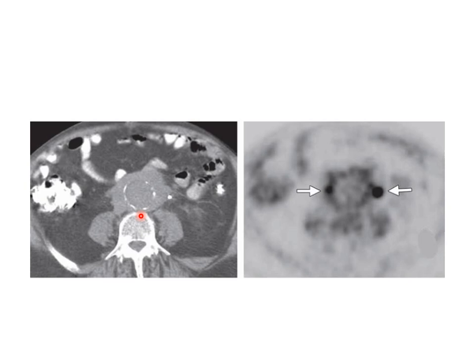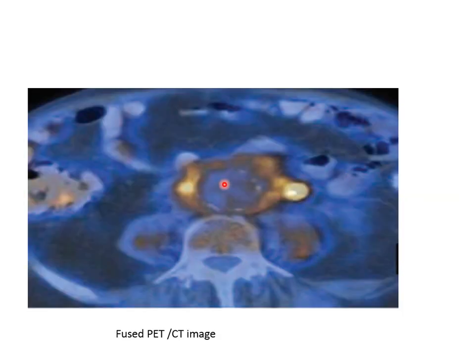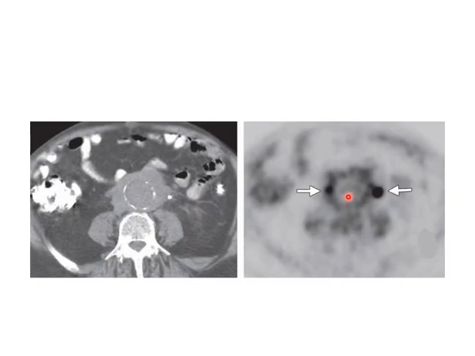Here also CT showing aneurysm of the abdominal aorta with calcification of the wall, and you can see the soft tissue surrounding the aorta sparing the posterior wall. And this is PET CT, this is the non-fused PET image, and this is the fused PET CT, the PET with the CT over each other.